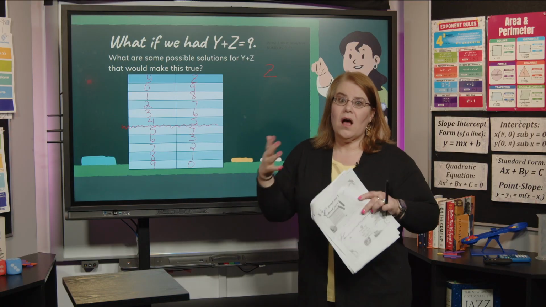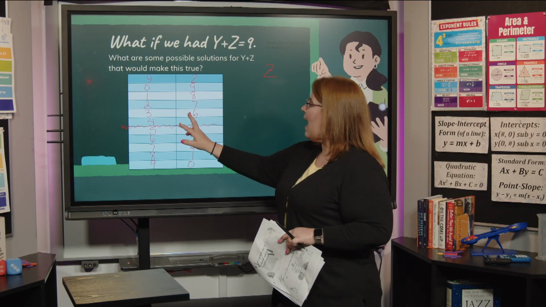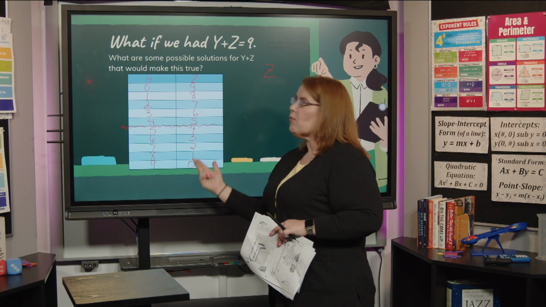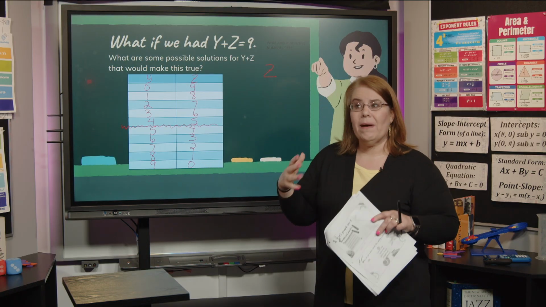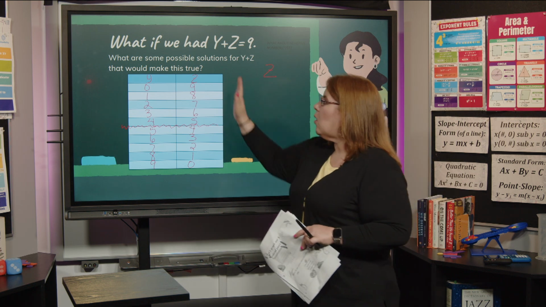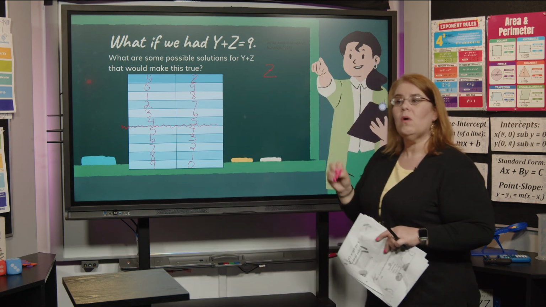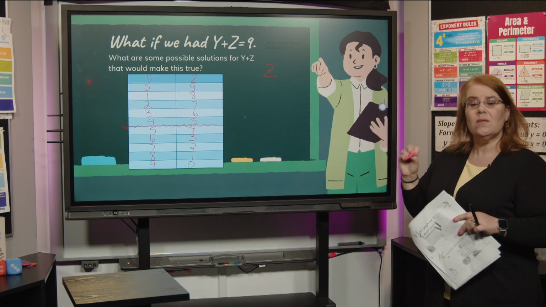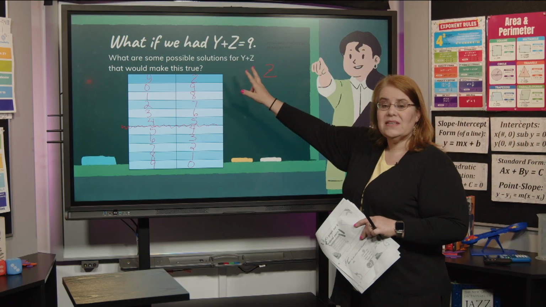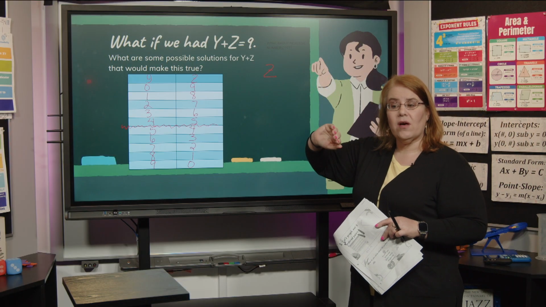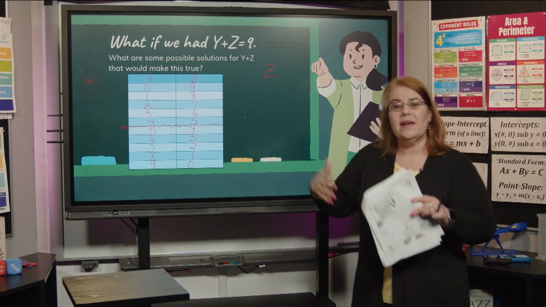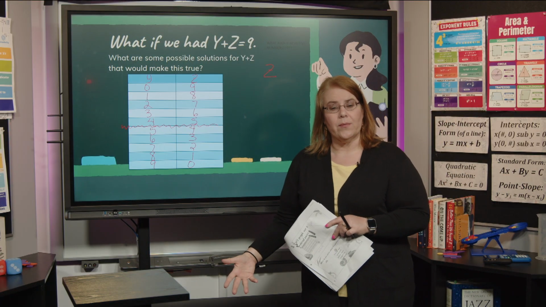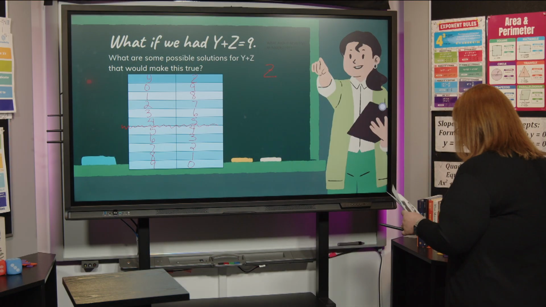My y value could also be 9. So that's why at this point, they reversed. Because my z could be 0. My z could be 3, depending on what my y is. So I want us to know that sometimes when we have these equations, we can have them where one variable in one instance can equal a number, and then in another instance, it could be the same number. All right, so let's look.